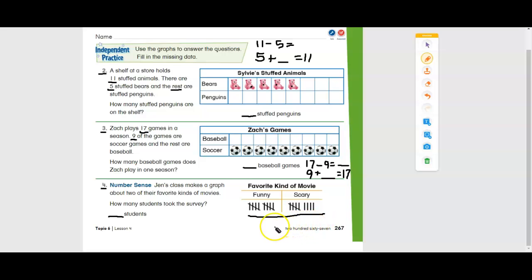So you will need to add together the students who voted for funny and the students who voted for scary all together and write your answer in the blank. Remember that when you're counting the tally marks, you count 1, 2, 3, 4, and your 5th tally mark goes diagonal across.